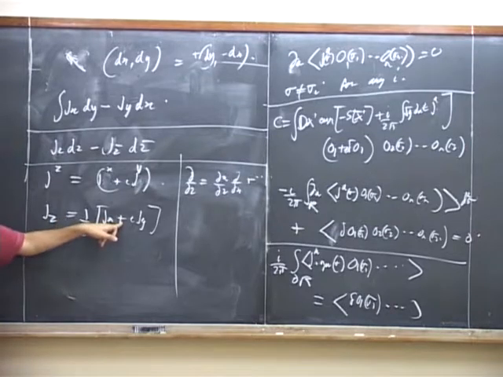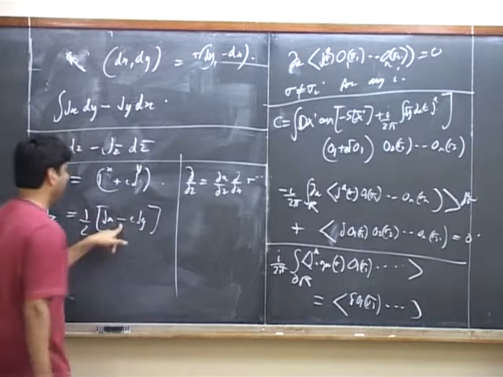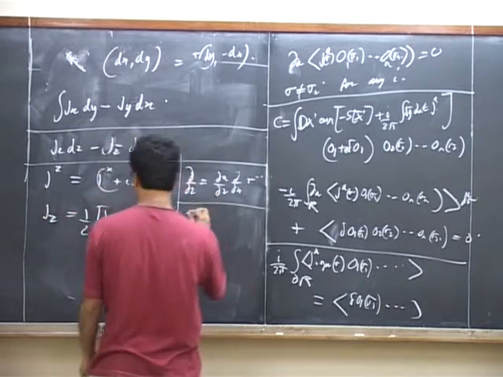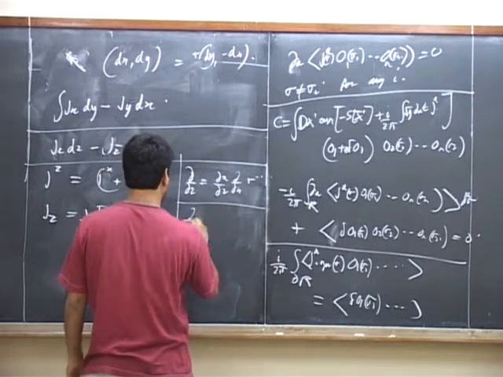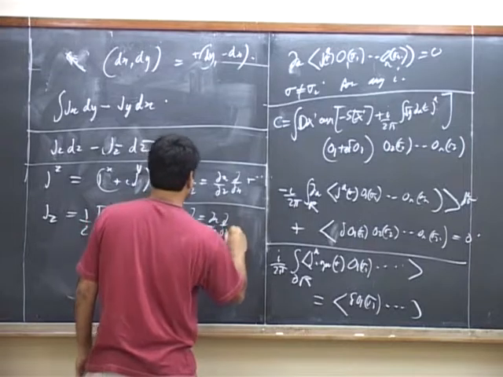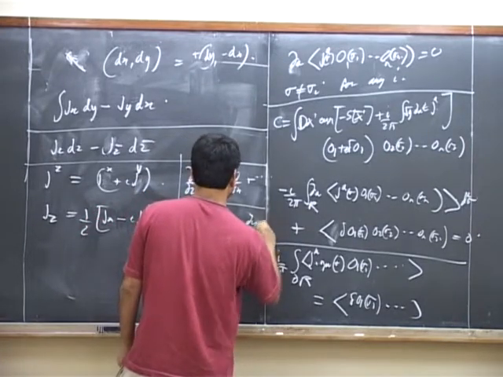Wait, have I got my plus minus? It's minus. I think you're right. Let's check that, and let's work it out completely. So we have d/dz equal to dx/dz d/dx plus dy/dz d/dy.